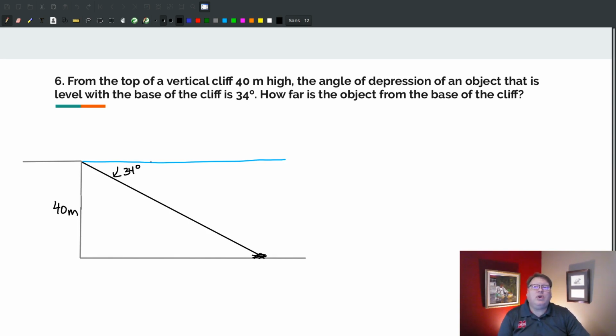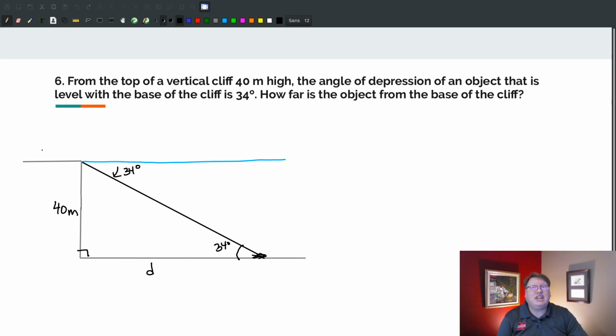And they want to know how far the object is from the base of the cliff, which would be this distance D. And again, we have a right triangle formed here. And I hope you're thinking again, parallel lines, alternate interior angles, because this 34 degree angle of depression is the same as me looking from the object down below at an angle of elevation to the top of the cliff.